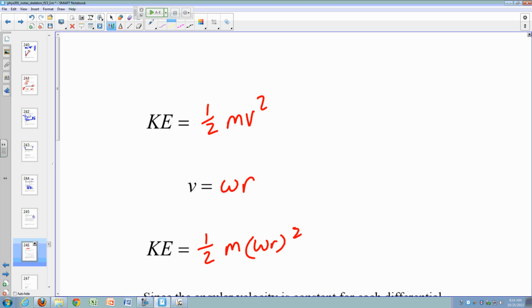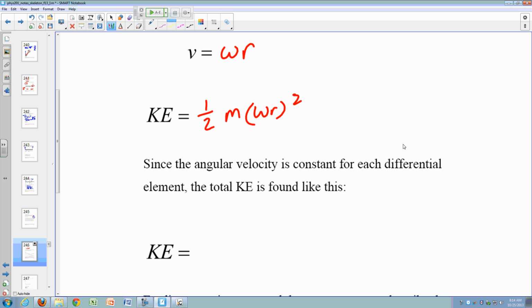The angular velocity is constant for each differential element. So then I can find the total kinetic energy with a summation, and it's going to look like this. I'll have 1/2 times the summation of mr squared. This is going to be the mass and the radius for each individual element.